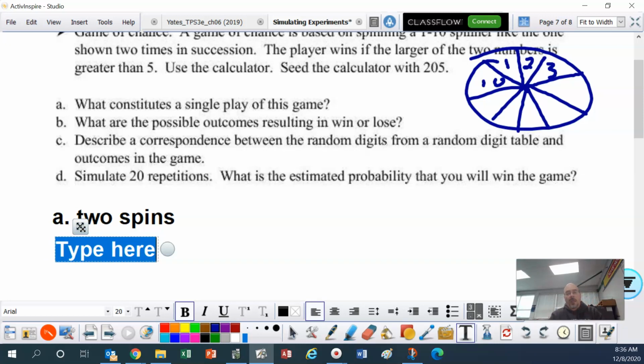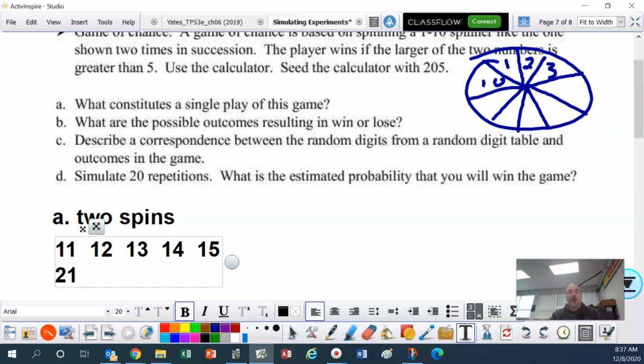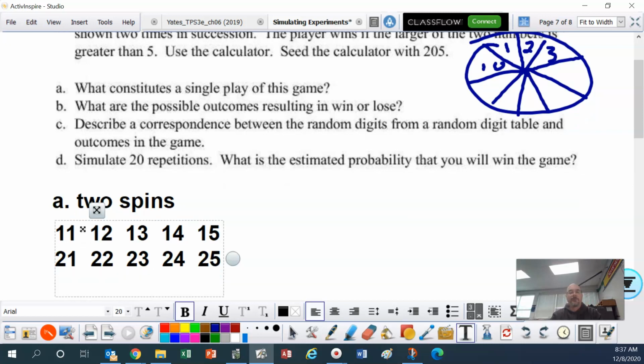Ooh, okay. Well, let's see. 1-1, 1-2, 1-3, 1-4, 1-5. Okay, that's a possibility. 2-1, 2-2, 2-3, 2-4, 2-5. 3-1, 3-2, 3-3, 3-4, 3-5.